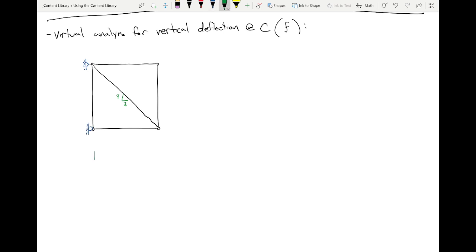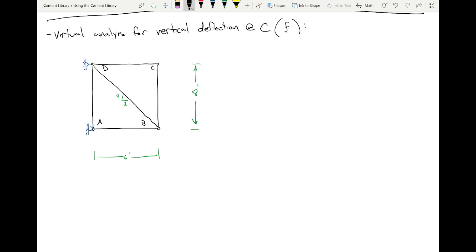Okay. This dimension is 6 feet. And this dimension is 8 feet. Now, I need to name these. A, B, C, D. Let's do that there. A, B, C, D. Bam.